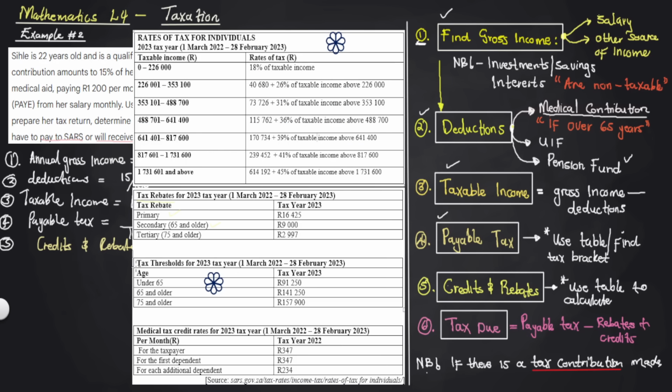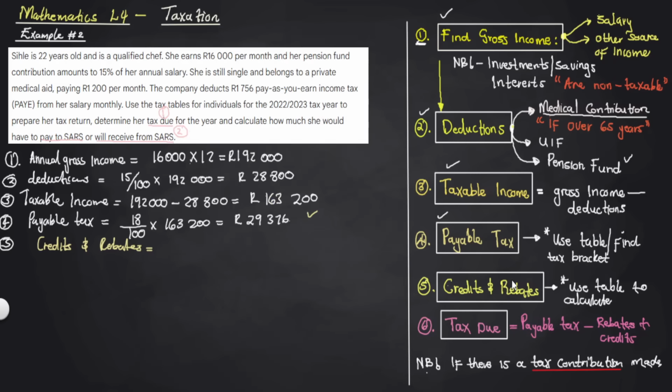So it means that her rebate is going to be the primary rebate. Because she's less than 65, so the secondary is for 65 and older. Since she's less than 65, we're only going to consider the primary rebate. So it's 16,425.